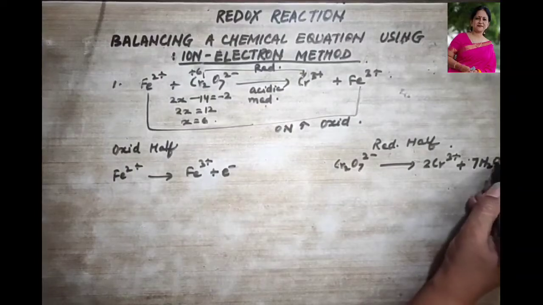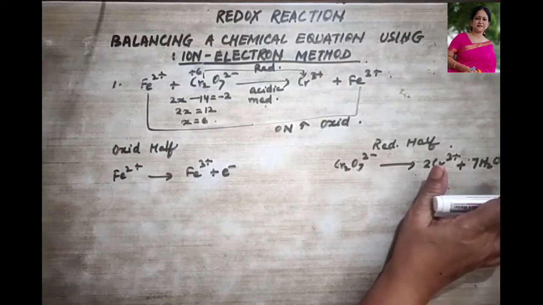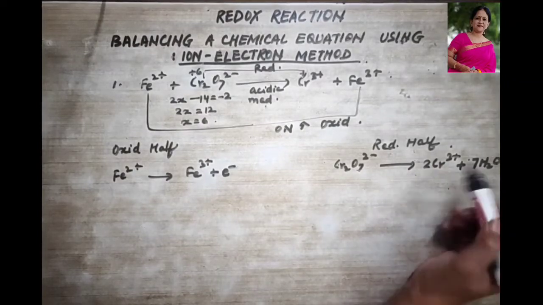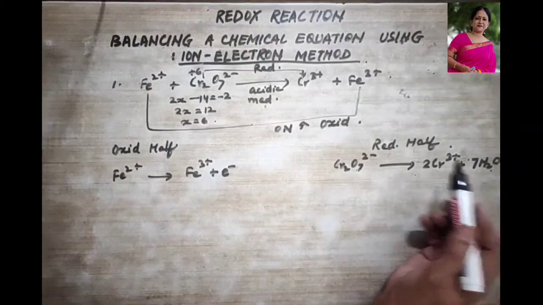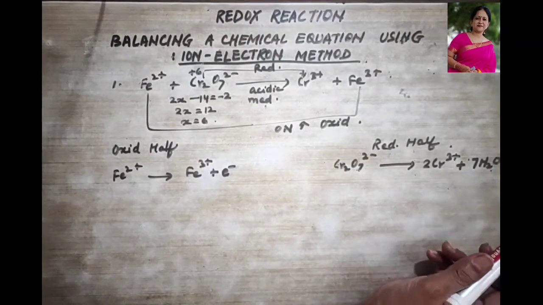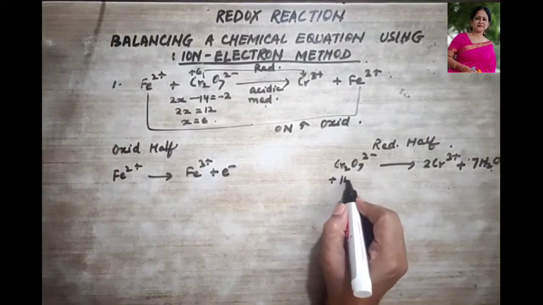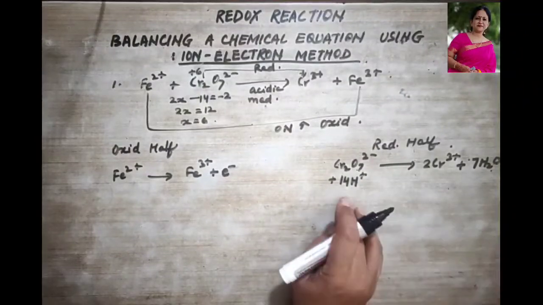So we have got 7 oxygen, balanced, right? Now what next? Balance the hydrogen. Now hydrogen is 7 times 2, which is 14, over here, but there is no hydrogen present on this side. So what will we do? We have to add 14 H+. I hope this point is clear to all of you.